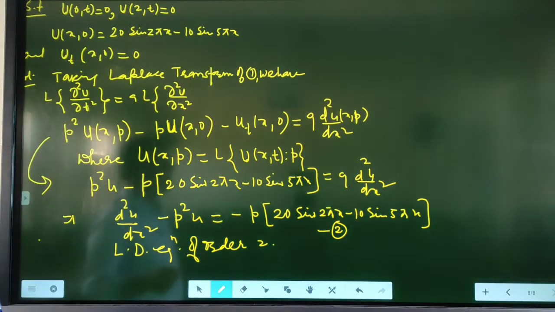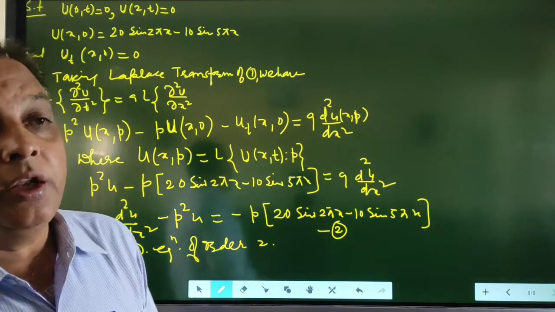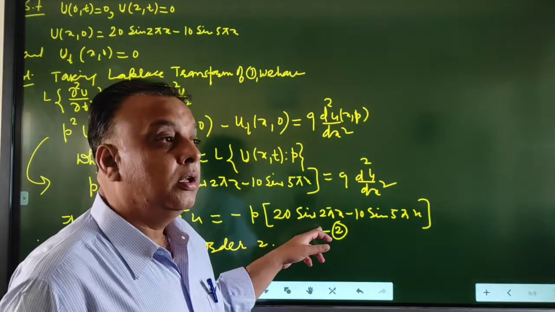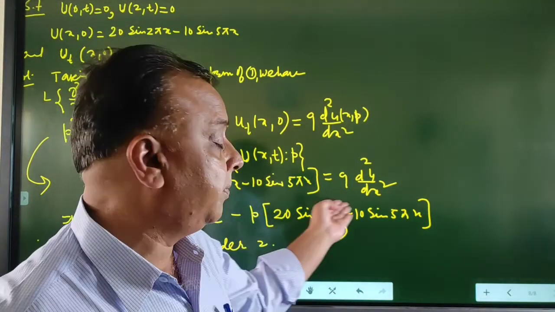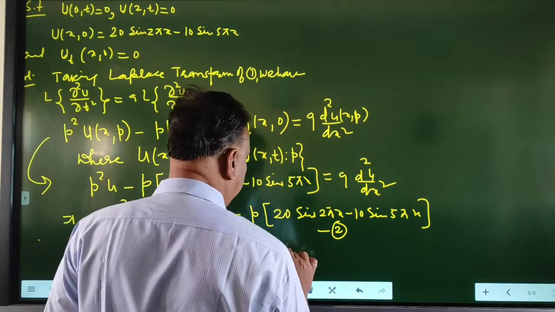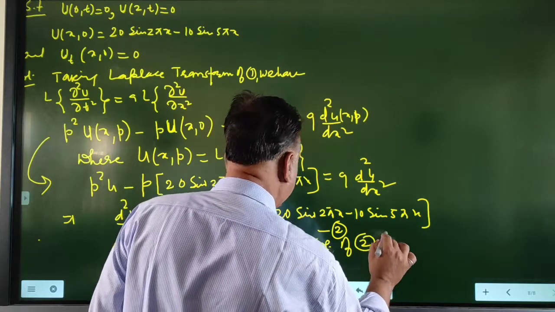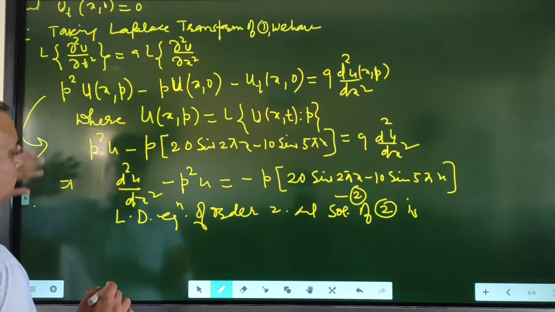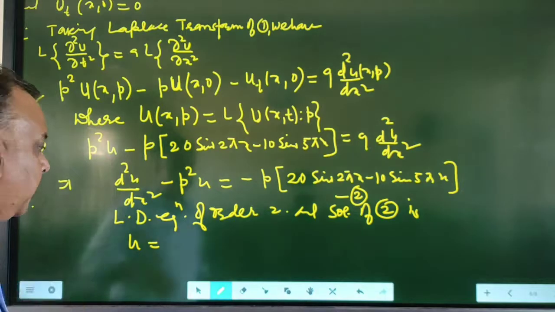We find the complementary function from d2u by dx square minus p square u, and the particular integral can also be found from this one. So the solution of 2 is u is equal to CF plus PI.